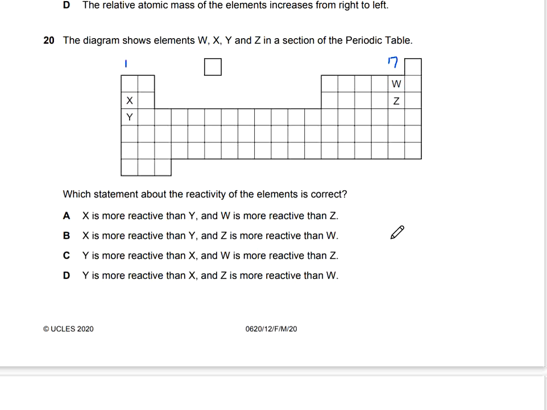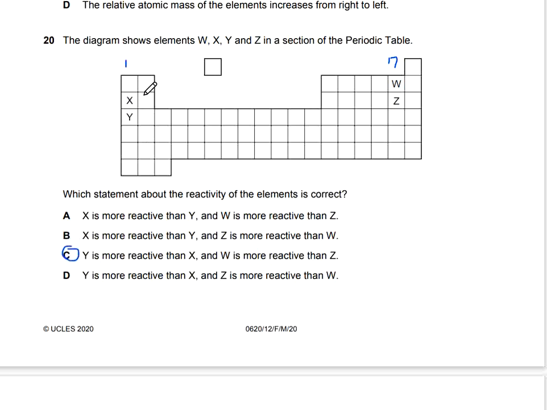Group 1 would readily give its electrons, and group 17 readily accepts electrons. So which statement about the reactivity of elements is correct? Actually, the correct answer for this is letter C.